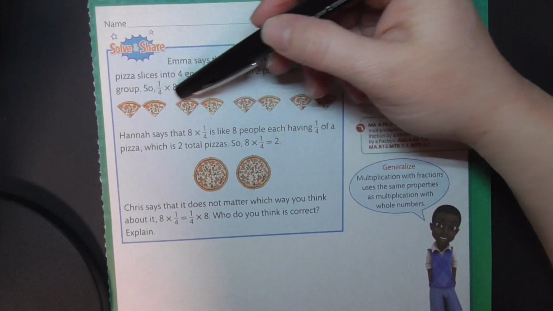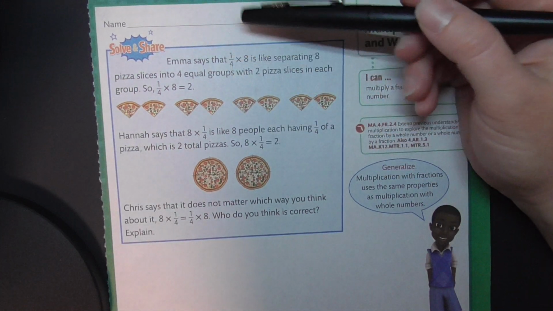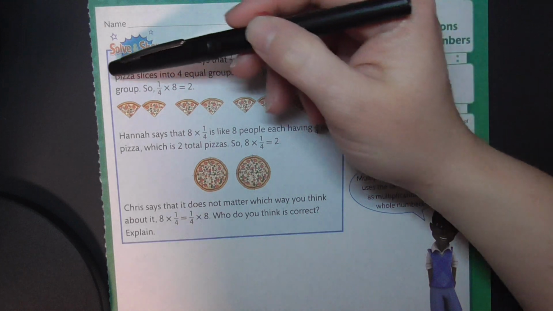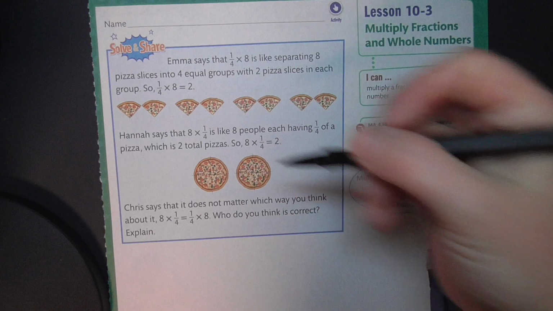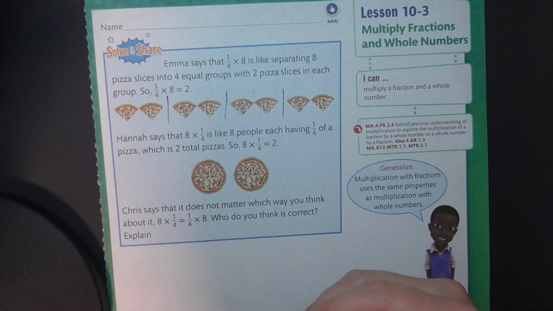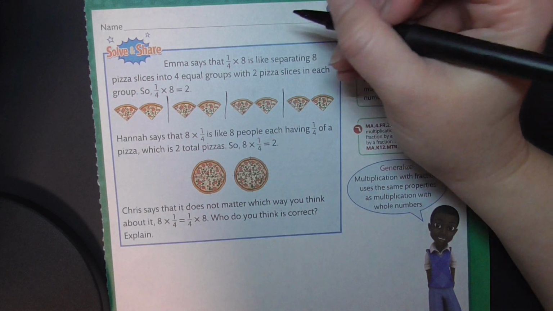Now, if you're taking a look at these visuals, these pictures up here, Emma said that she separated 8 pizza slices into 4 equal groups. So here are her 4 equal groups, right here, 1, 2, 3, 4. And that there were 2 pizza slices in each group.